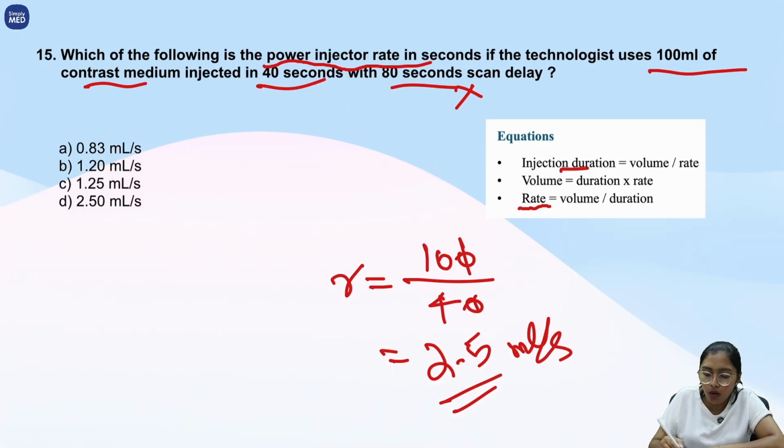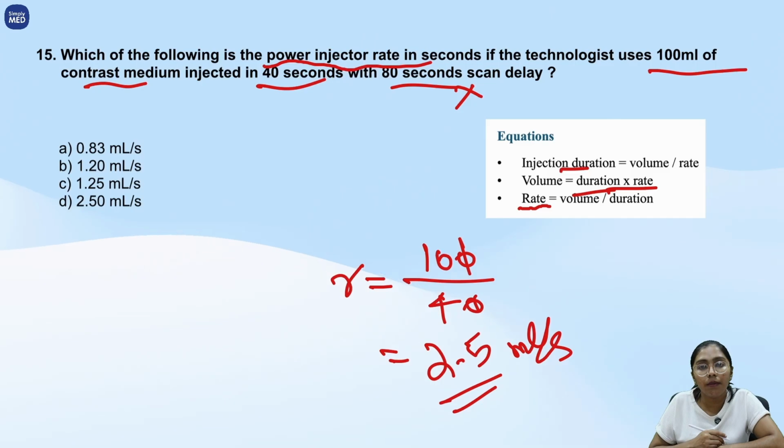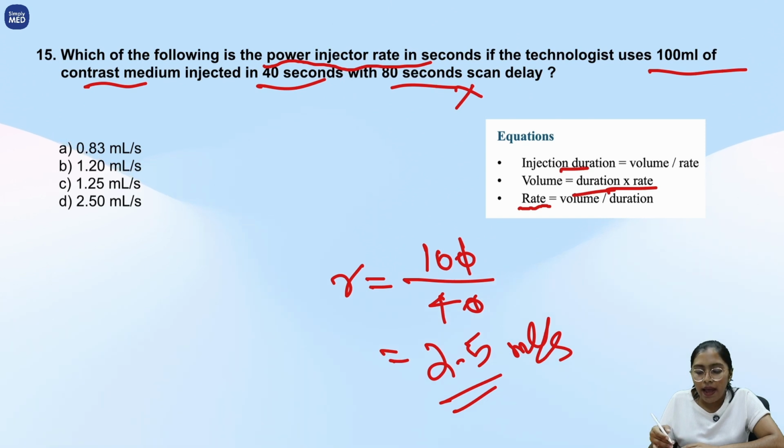Or if the duration and rate are given and we have to find the volume, just multiply. Mostly this flow rate question will only be asked. So the equation is flow rate equals volume by time. If any other quantity is asked, just imagine this equation and rearrange it.